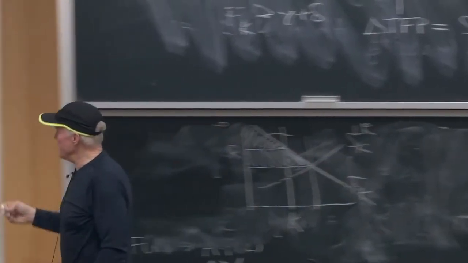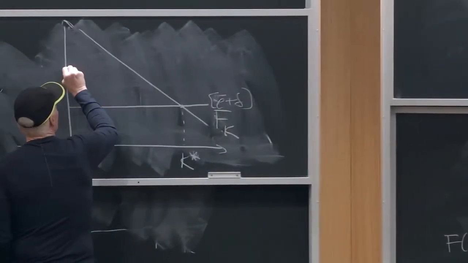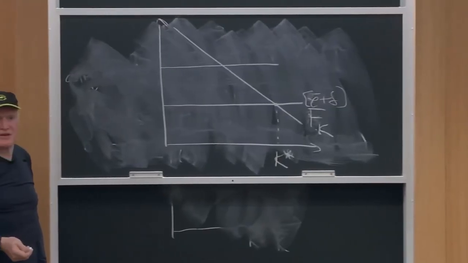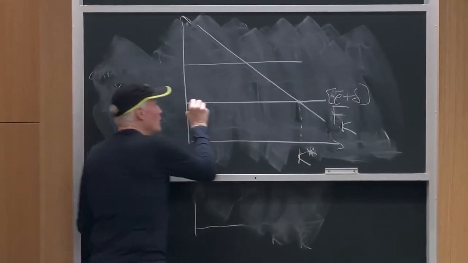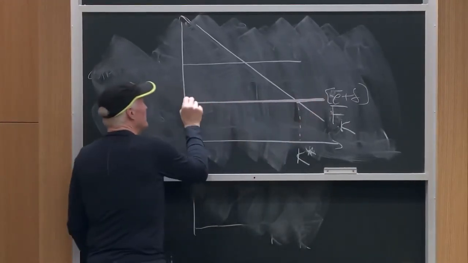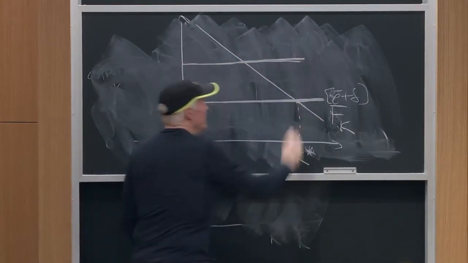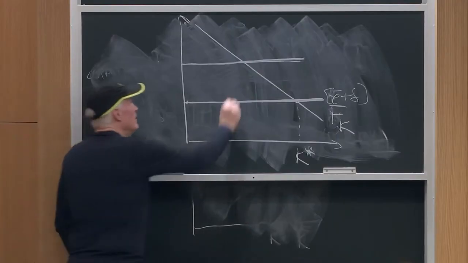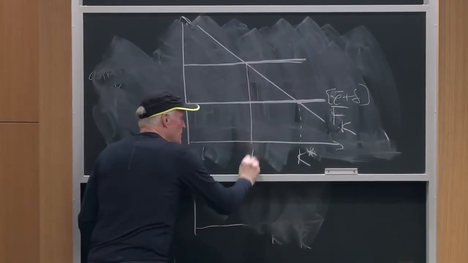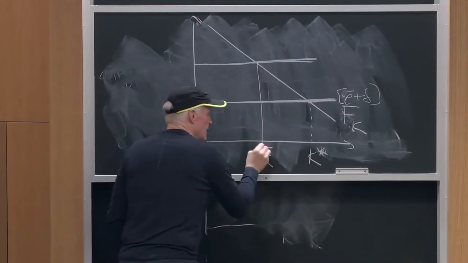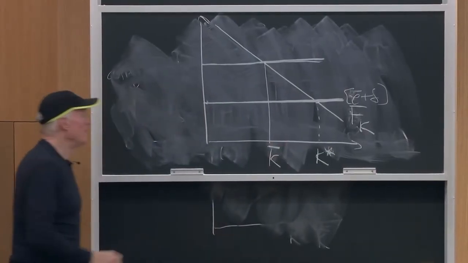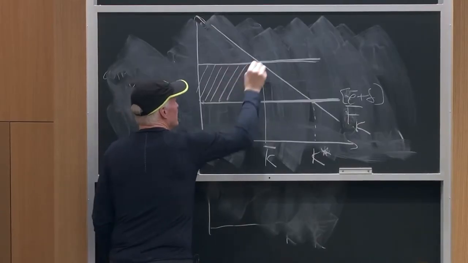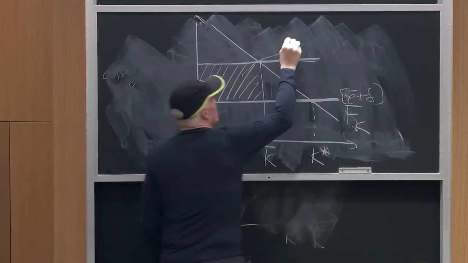Well, instead of being here, there would be a horizontal line that would reflect not just what you have to pay the owners of capital, which is rho plus delta, but what you have to pay, including the tax being paid by the government. This would now be the equilibrium capital stock, K bar. This would be the tax revenue of the government. So would be the government revenue.